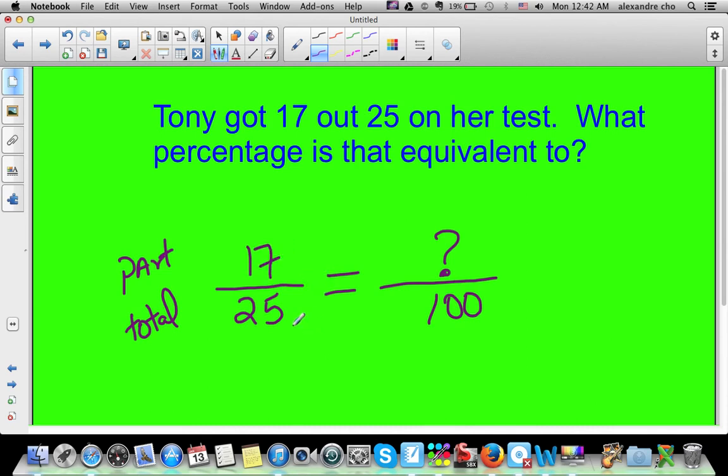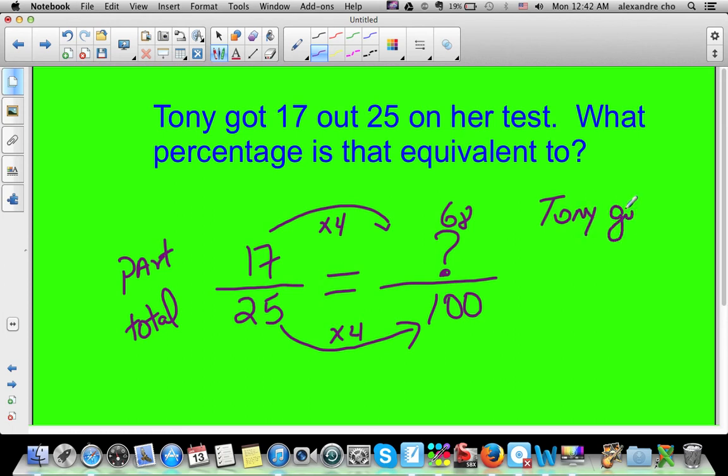So look for relationships. 25 is times 4, and therefore 17 will be times 4. If you multiply 17 times 4, you get 68, and that's your answer. So you should write Tony got 68%.